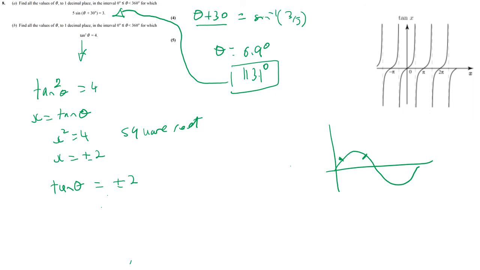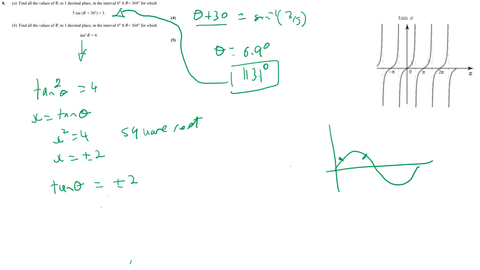I put it here. So if we do that, we will have a value of 63, so that's somewhere here, okay, because this is the 90, and we have it repeating here as well.